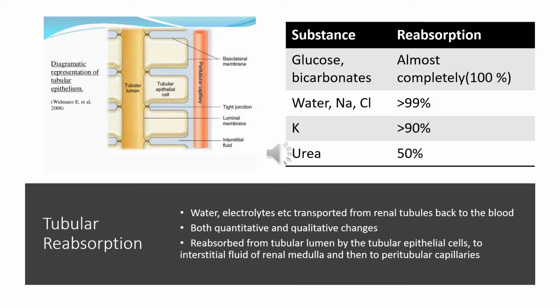Usually glucose and bicarbonates are almost completely reabsorbed from the tubular filtrate, and about 99% of water, sodium and chloride are reabsorbed. More than 90% of the potassium and about 50% of the urea are reabsorbed from the tubular fluid.